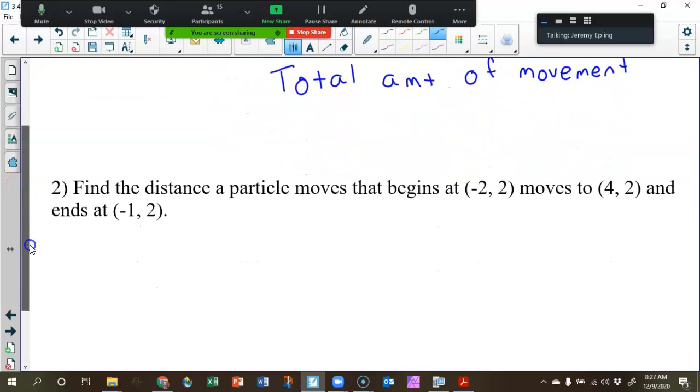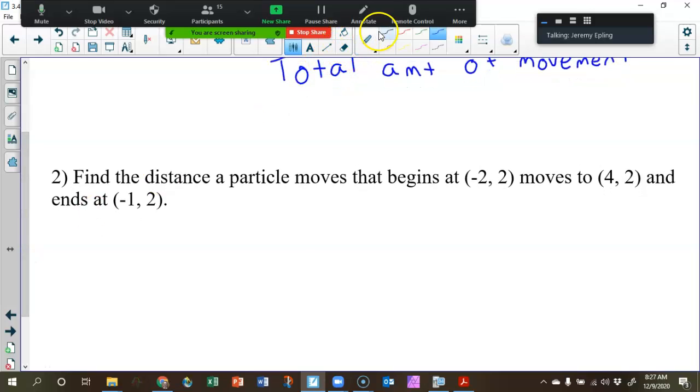So if we use the same example we just looked at, that we have this little particle, and it started at (-2, 2), the initial point. And then it moved over here to (4, 2). And then it ended over here at (-1, 2), our terminal point.